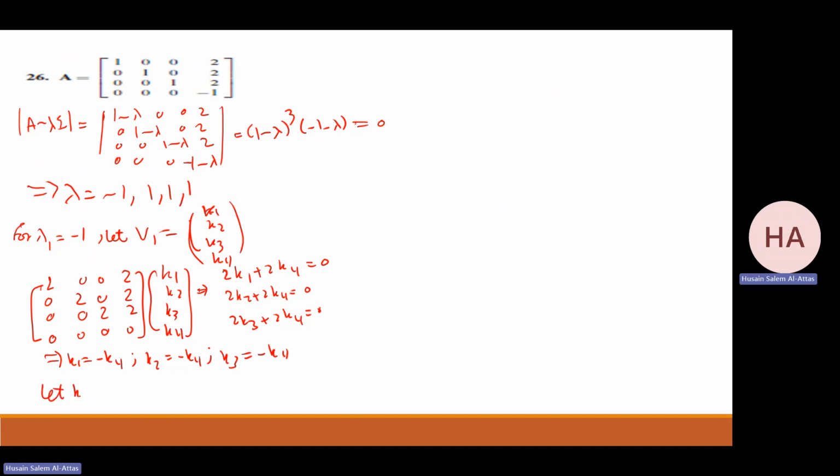So K4 is the free variable, and V1 will be minus 1, minus 1, minus 1, 1.